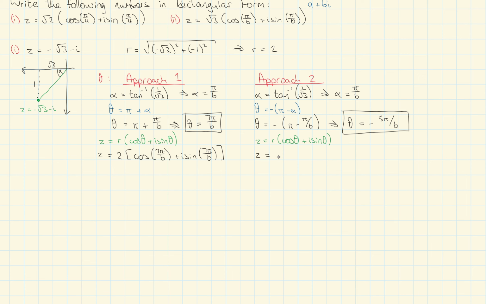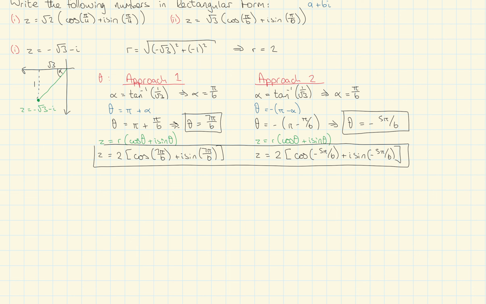For this one here, we get z is equal to, the modulus stays the same, 2 cos minus 5 pi over 6 plus i sine minus 5 pi over 6. And there's your answers. Again, it just depends which approach you use, but always we can double check our answer.